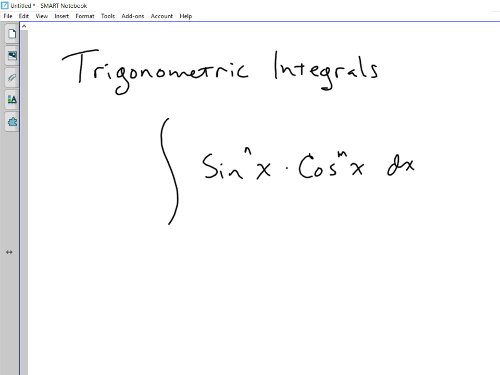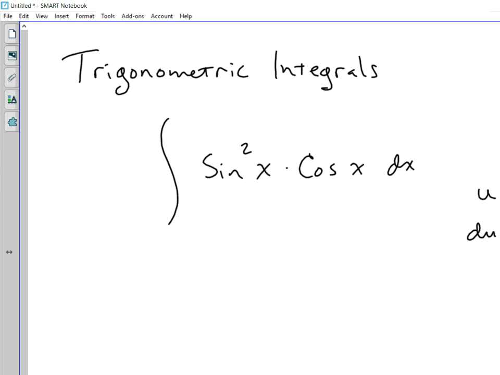So let's take a very simple example, and say let's call this 2. Now, let's pick u to be sine of x. du, the derivative of sine, is cosine of x. At this point, things come out pretty straightforward.